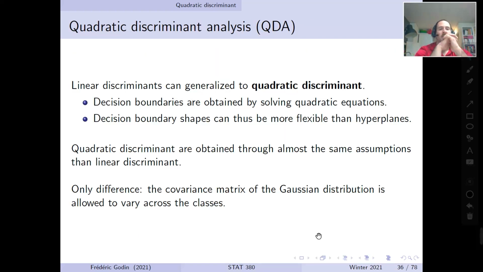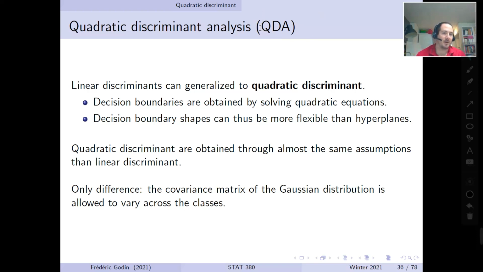So we've seen the application of linear discriminant analysis, and we've seen that this drives the classification by a frontier which has the shape of a straight line. Now what we're going to do next is to present a second method which aims at generalizing linear discriminant analysis, and this second method is called quadratic discriminant analysis.